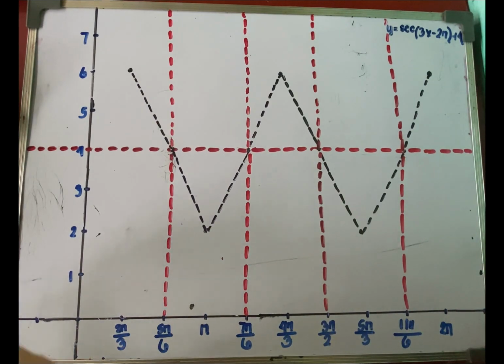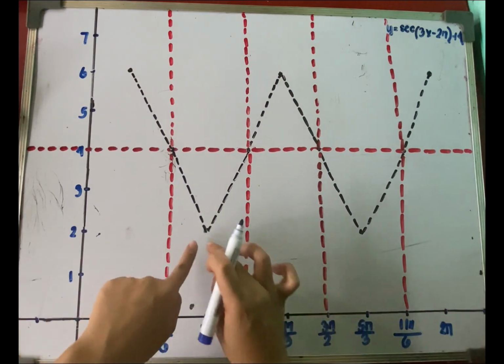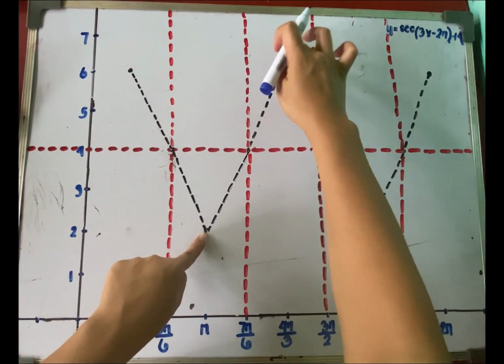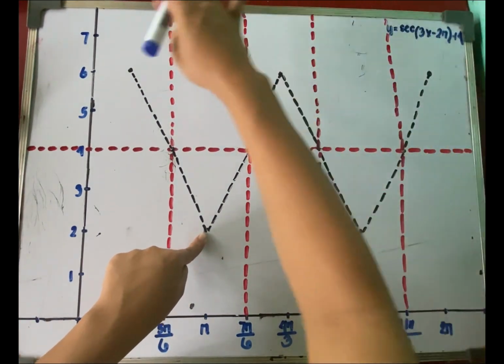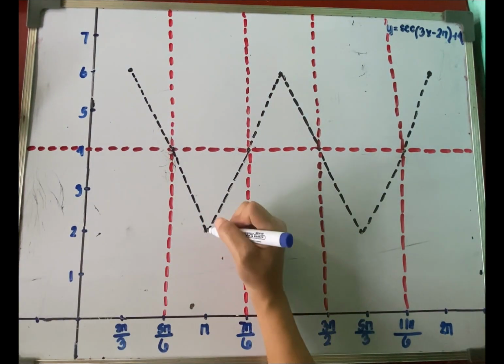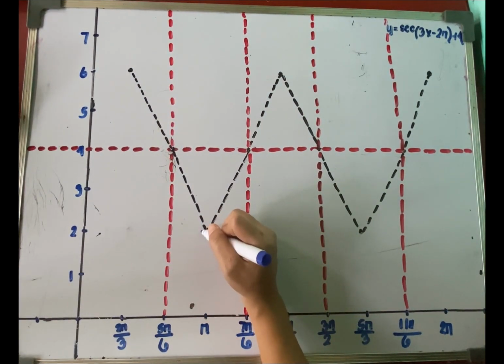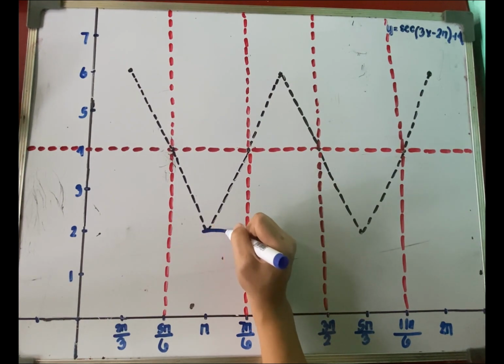So now we're done with marking our asymptotes. We can proceed to finally do the U-shaped branches on every peak of our cosine graph. So carefully do the U-shaped branches.